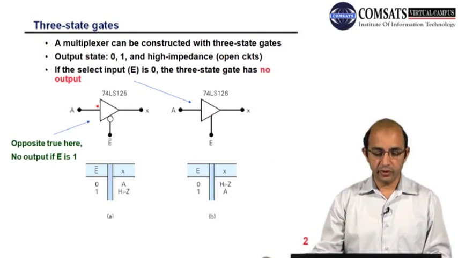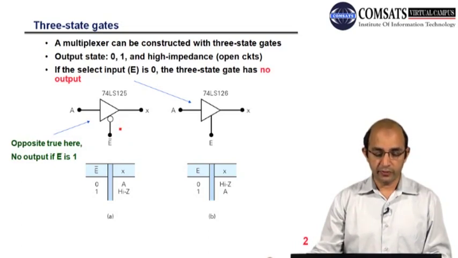So if you look here, we have the input A, output X, and this is the control switch. This is active low. So we can have the output as 0 and 1, but in addition to those two states we can always have this third state, that is whenever we have E equal to 1.